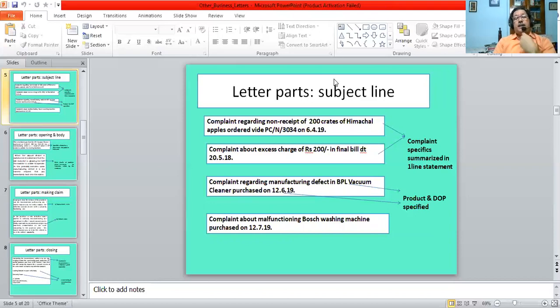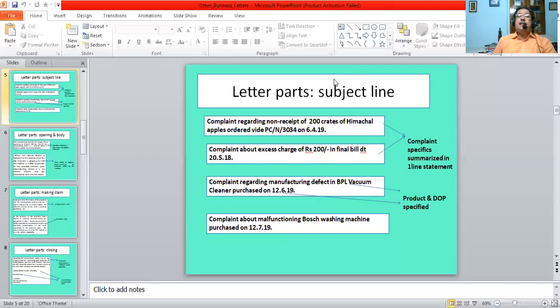So notice that first and foremost, in the subject line, which is a single line and very, very precise, we talk about the nature of the complaint. Is it a product malfunction? Is it unsatisfactory service? Is it about missing goods? Is it about delayed goods? What is it? And we also give the specifics, like 200 crates of Himachal apples, Rs 200 in the final bill, or manufacturing defect in the BPL vacuum cleaner, and so on. So we talk about the nature of the complaint in brief, of course, because it's a single line statement.